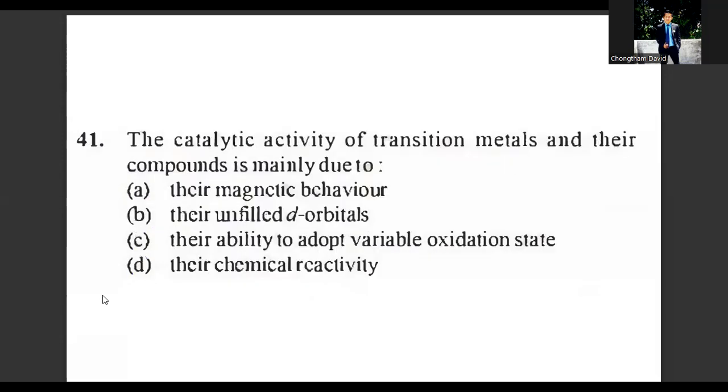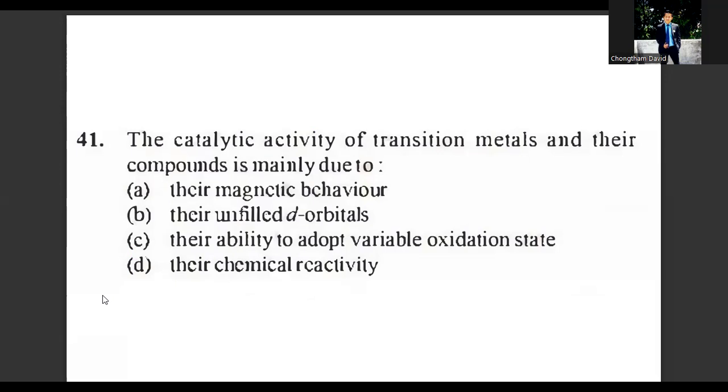Question number 41. The catalytic activity of transition metals and their compounds is mainly due to. It is mainly due to C. The transition metals and their compounds are used as catalysts because of the ability to show variable oxidation state, which is one character of d-block elements. They can form an intermediate compound with one of the reactants. This intermediate provides a new path with low activation energy.